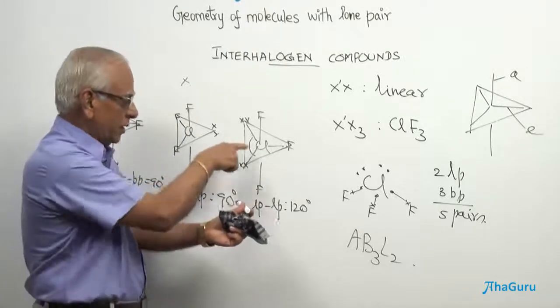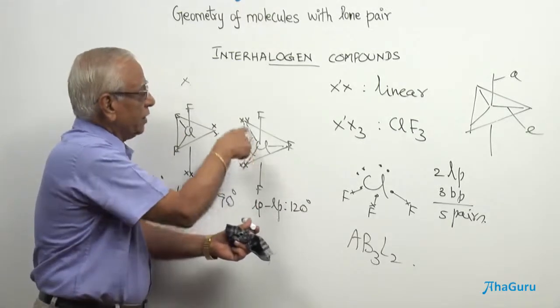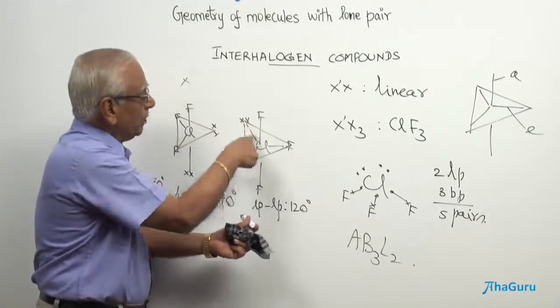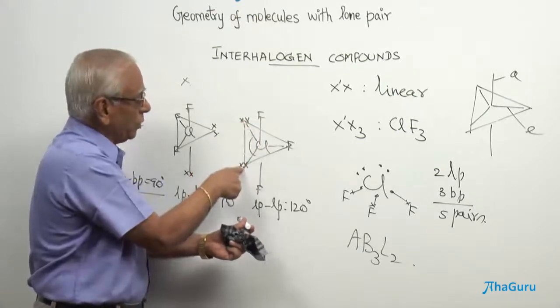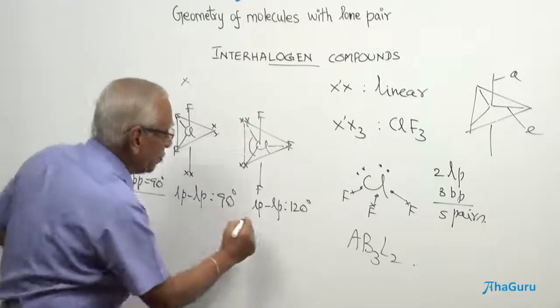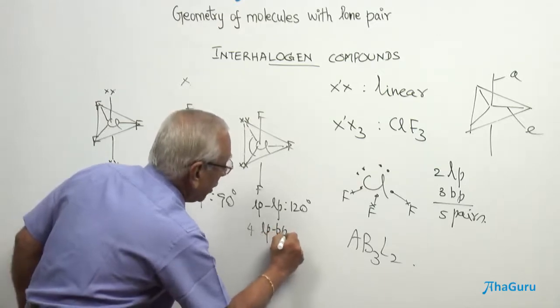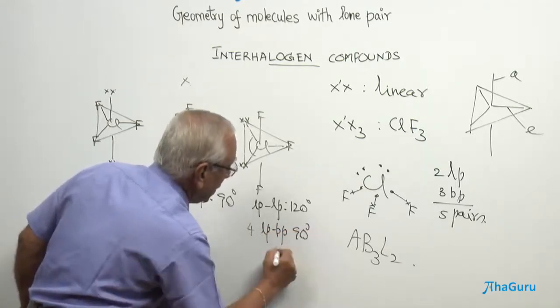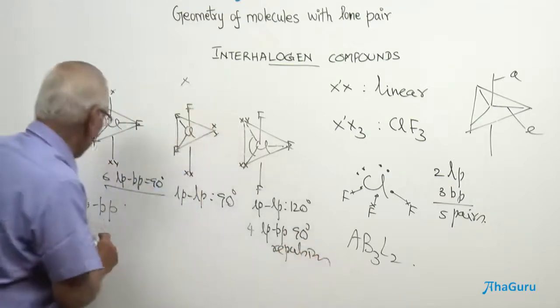Imagine a triangle here, and this is 90 and this is 90. Therefore, there are two lone pair-bond pair 90 degree repulsions for one lone pair, and two for the other. 2 plus 2, 4 lone pair-bond pair 90 degree repulsions.